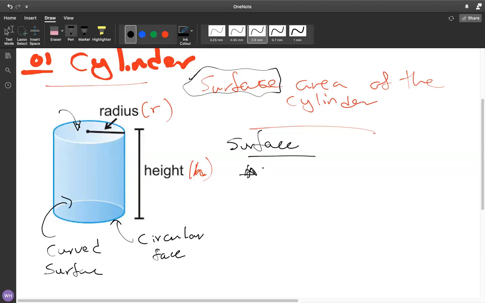Okay, now put a star mark and write just below the topic surface area of the cylinder.